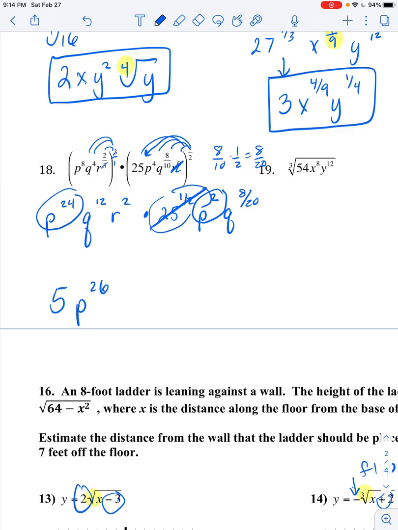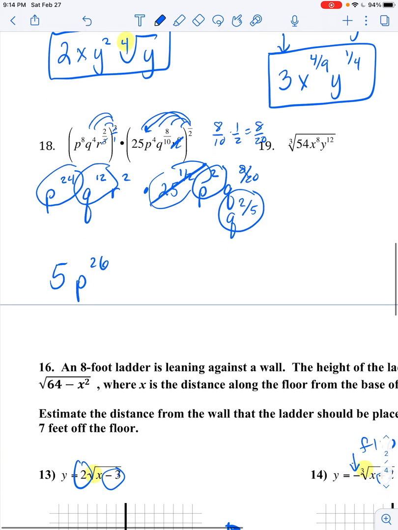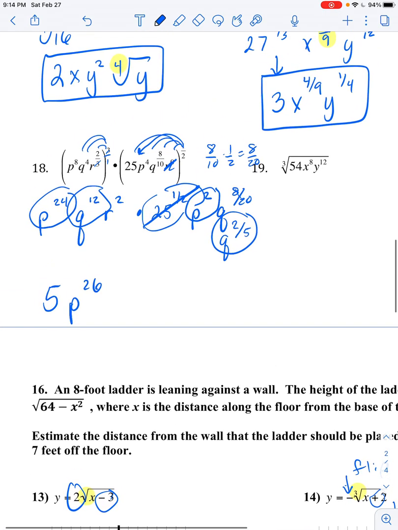Here, these q's kind of need to reduce. So I can reduce this since 4 goes into both. This becomes q to the 2/5 power. But then I have to add the 12 plus 2/5 and add those 2 powers together. So when I do that and I use it as a fraction, I end up with 62/5.